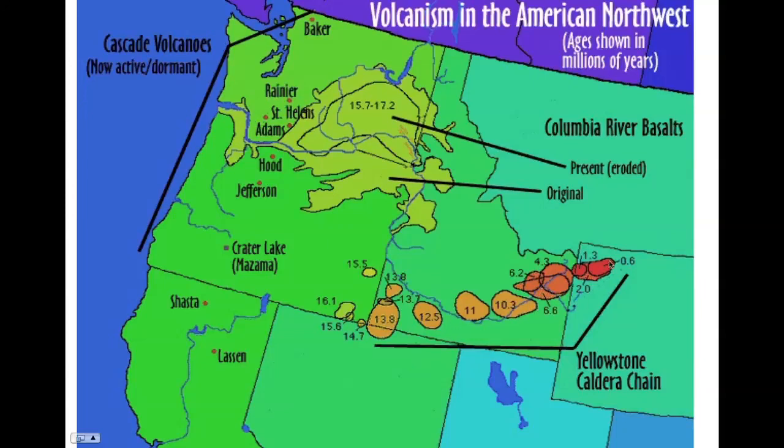The hotspot is always right there, but the plate moves, and it moves the older constructs out of the way of where this plume sits. So just like with the Hawaiian hotspot, this is acting the same way. And that's true of all hotspots that have been around for a very long time. They're going to have a signature that is like a trail.